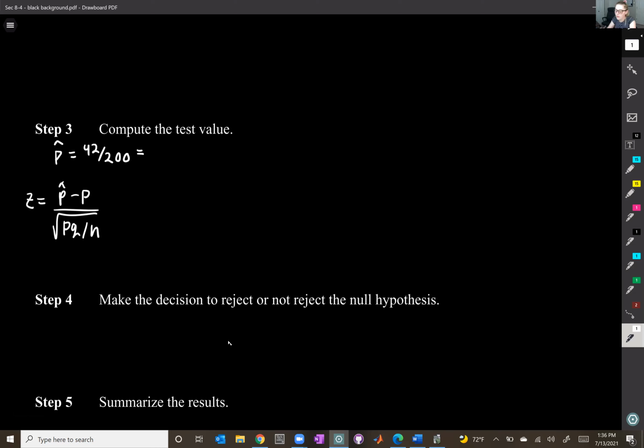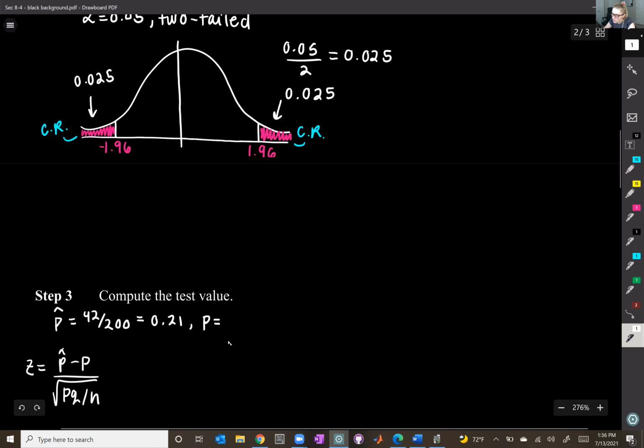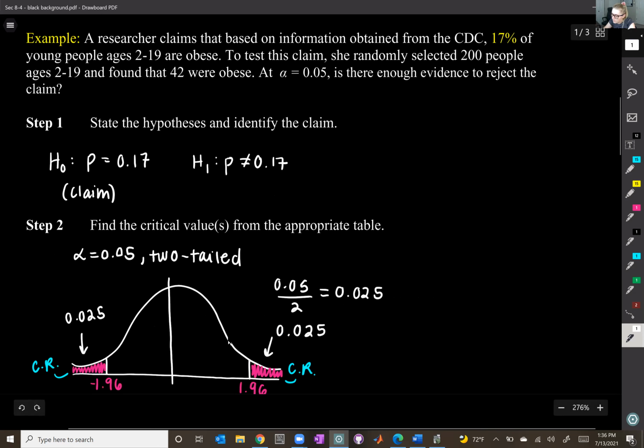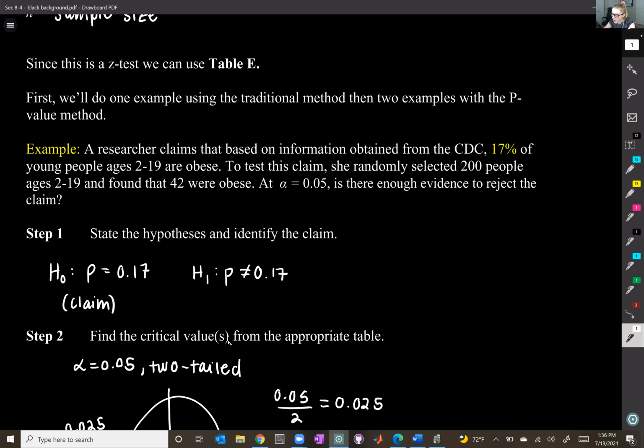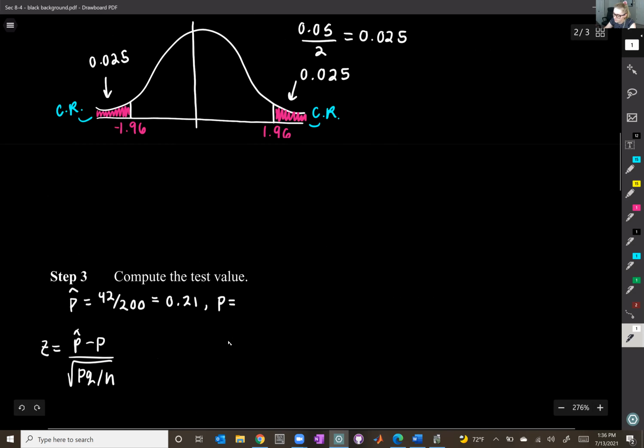In your calculator, that is just 0.21. We also need p, and p is going to be that proportion that is in our hypotheses. So p is 0.17, the proportion that we're claiming about the population.